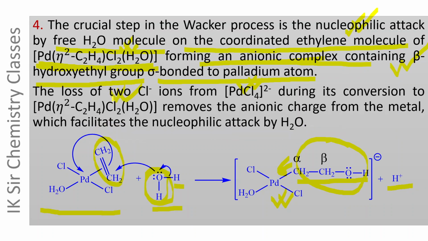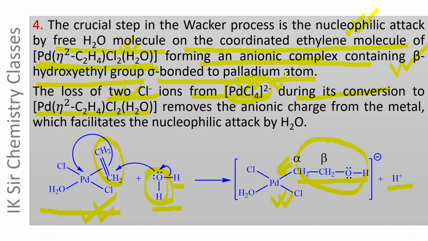The loss of two Cl minus ions from PdCl4 2 minus during its conversion to this neutral complex. In the first step, this complex compound was formed, which has two negative charge, but during its transformation to Pd dihapto C2H4 Cl2 H2O, it removes the anionic charge.